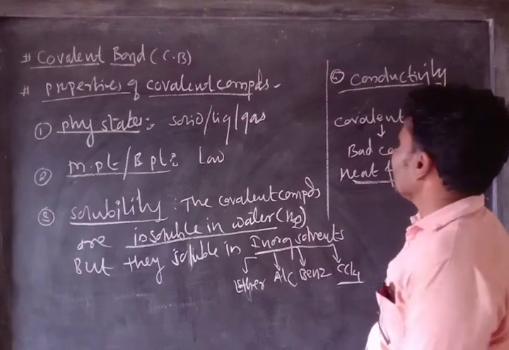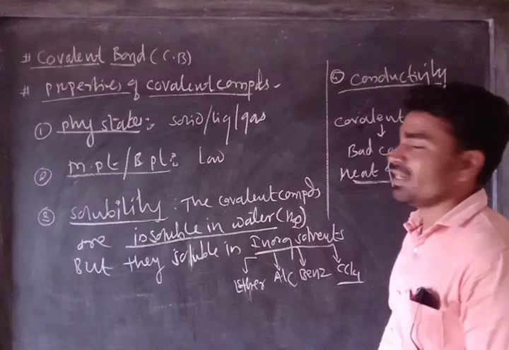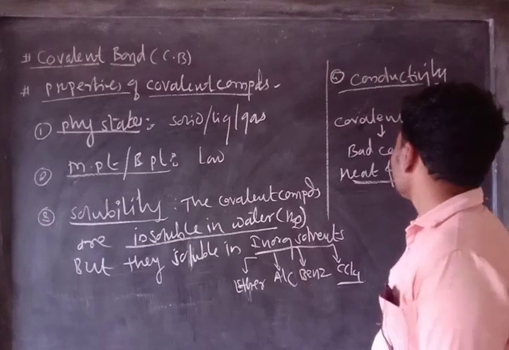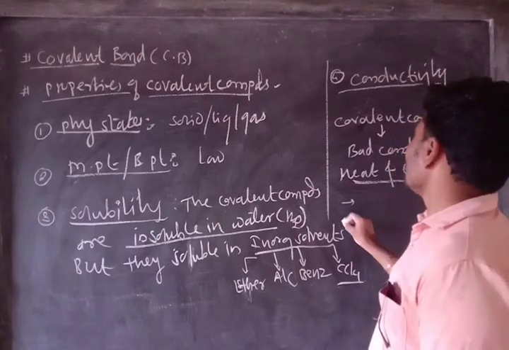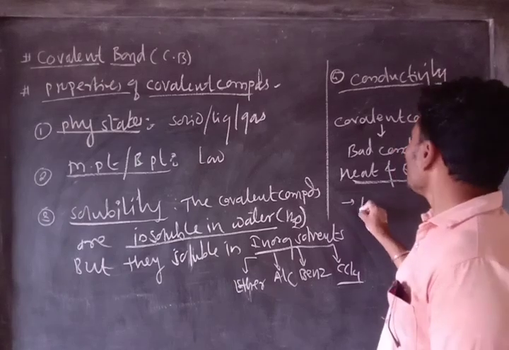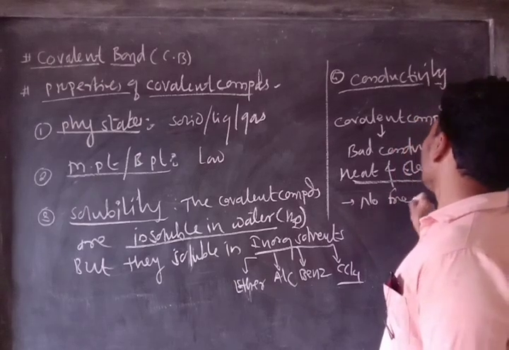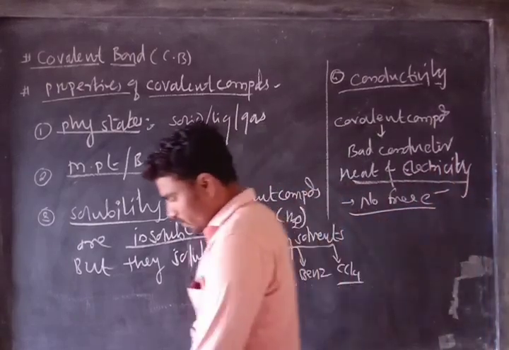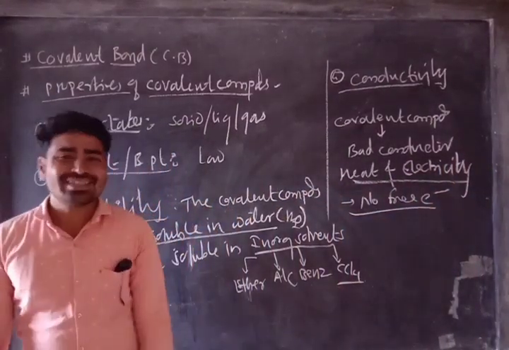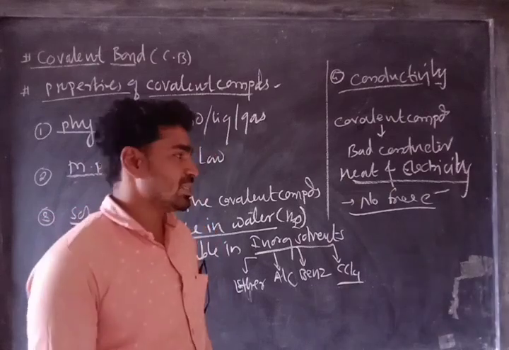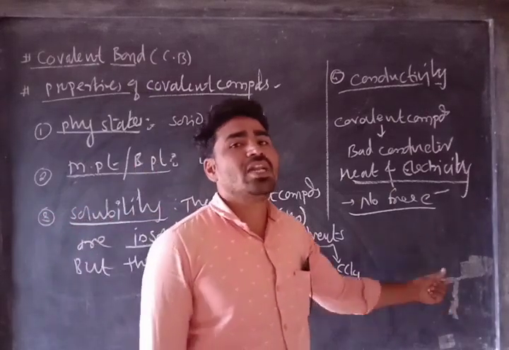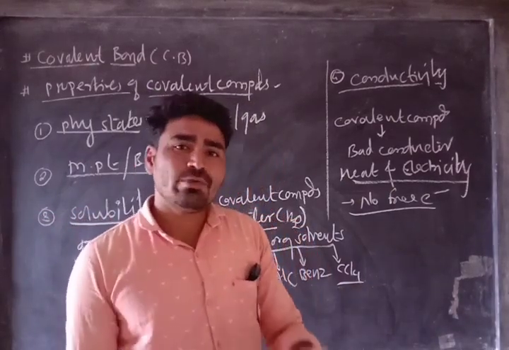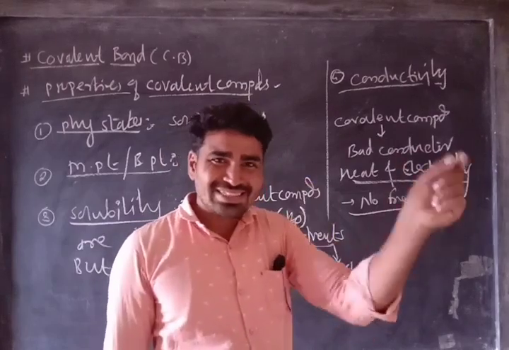But why are these bad conductors of heat and electricity? Because there are no free electrons available. You might know that to conduct electricity through any substance, there is a necessity of free electrons, because the flow of electrons is actually called electricity or current.